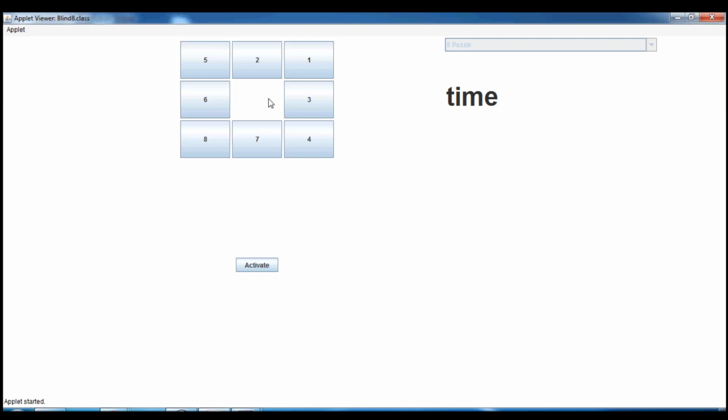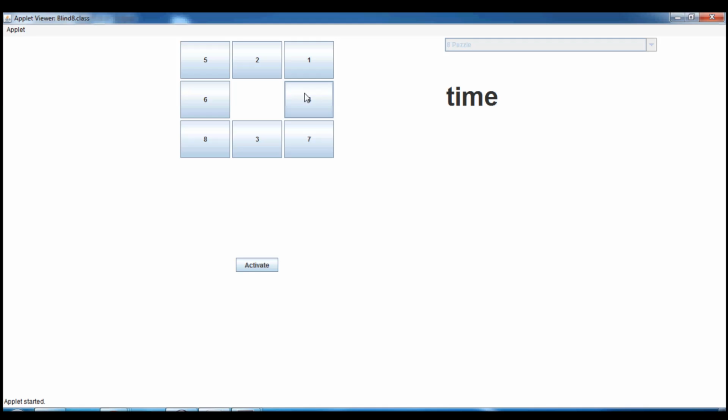Now the definition of algorithm Y would be: take piece 2 to position 1. That can be done by DR dash. Now we will perform algorithm X inverse.